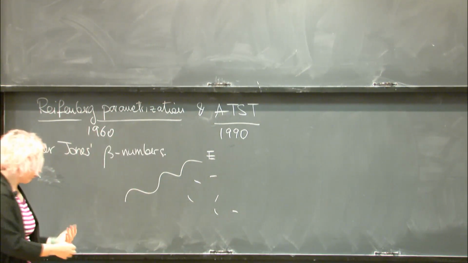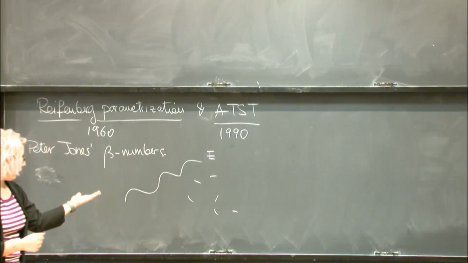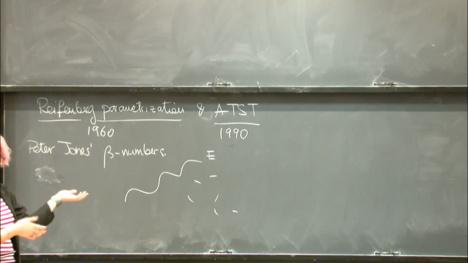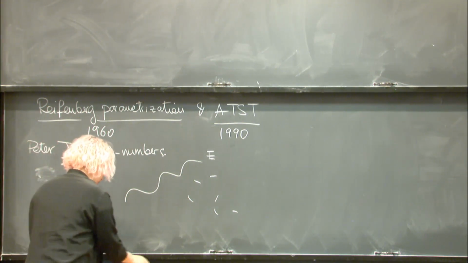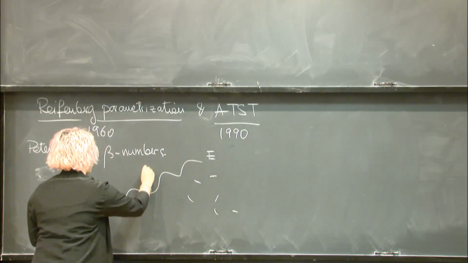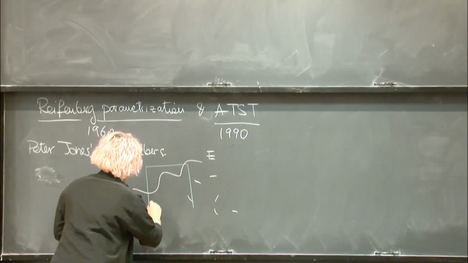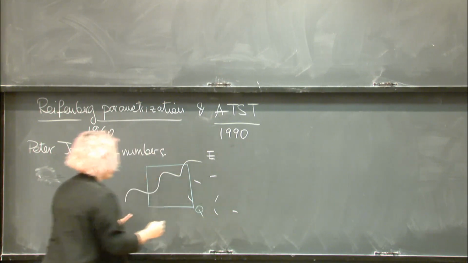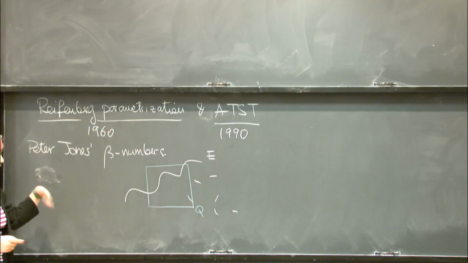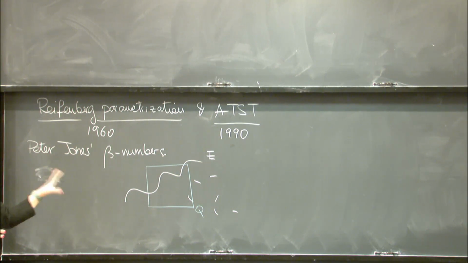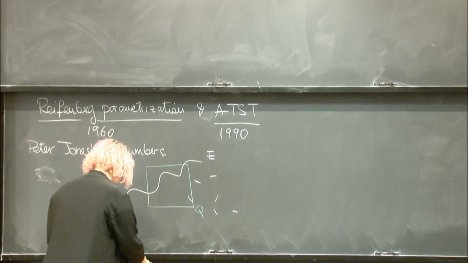I have a set E, and now I want to find a quantitative measure of how wiggly it is. So what I'm going to do is just take a certain scale. So this is a cube, because harmonic analysts like cubes. But if you prefer balls, this can be a ball, and in fact it's going to be.